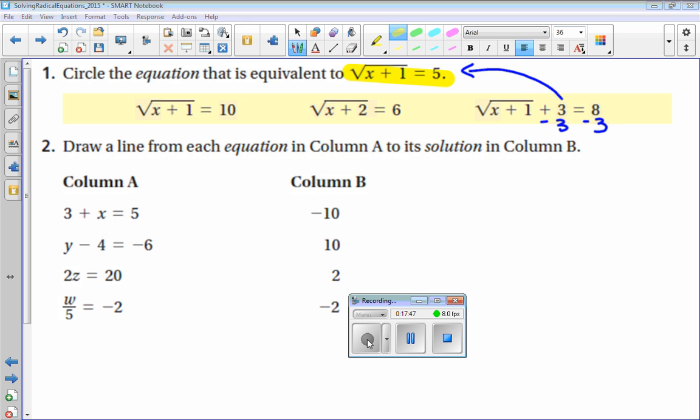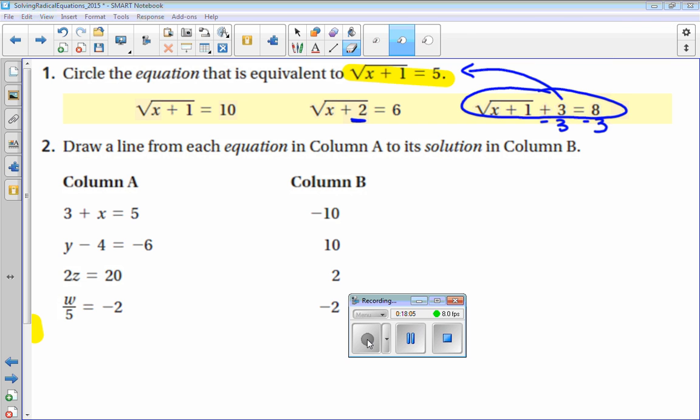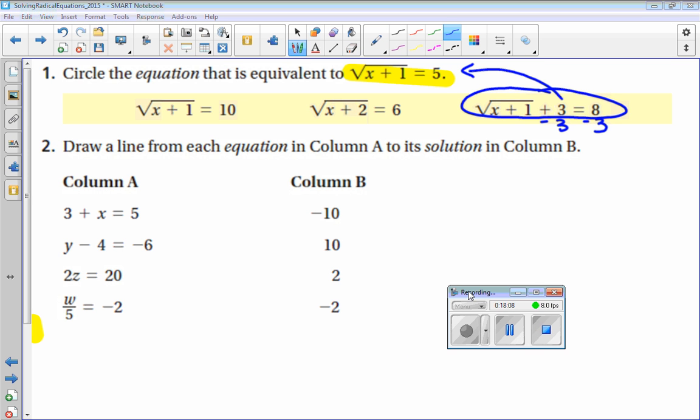So this would be an equivalent equation. When we talk about radical equations, I really can't change what's underneath the square root. When I multiply by 2 or add 3 or whatever I do to both sides, I'm not going to change what's under the radical.